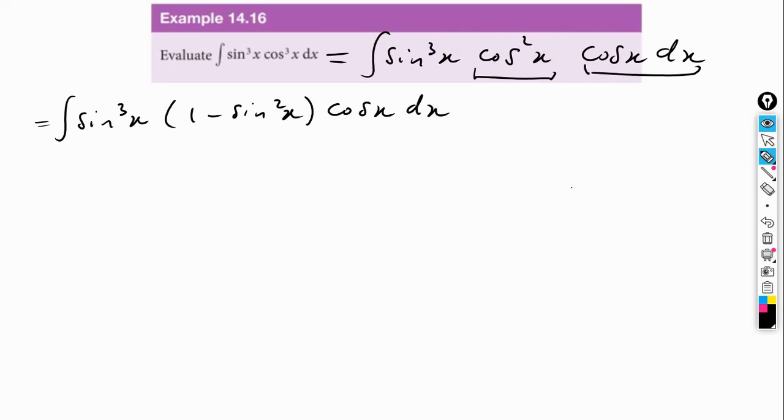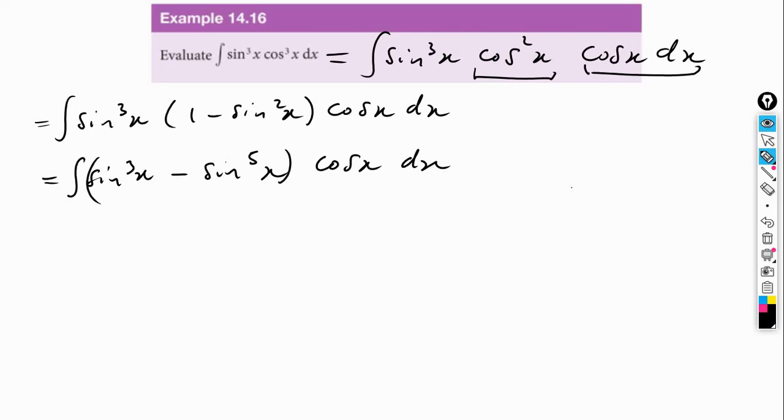And then we can just say that this is simply going to be equal to the integral of sine cubed minus sine to the 5, right? So sine to the 5 of x and cosine of x dx.